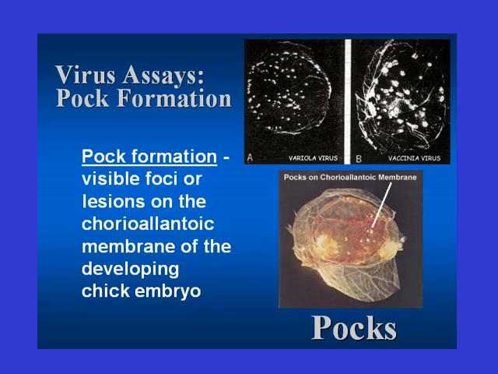This is the cytopathic effect of vaccinia virus, whereas in the upper left picture A, the cytopathic effect of variola virus on the chorioamniotic membrane appears as fine scattered pox formation.